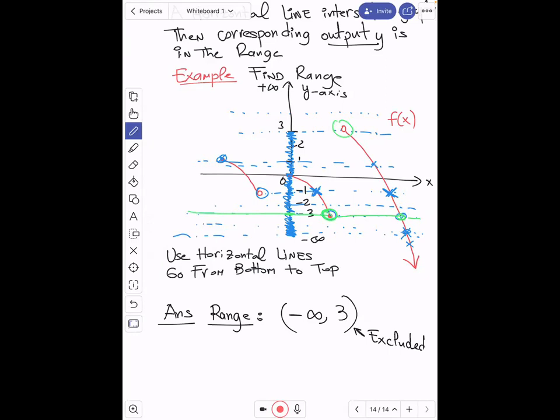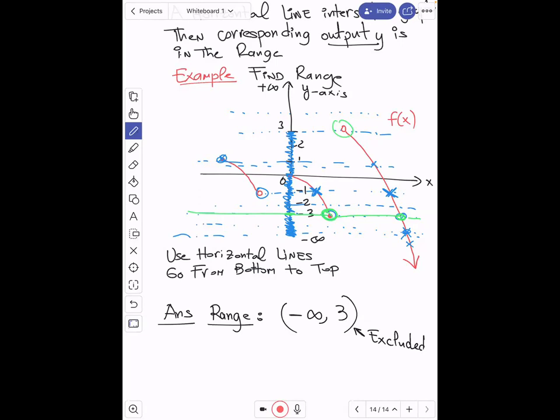I don't really care where we have intersection, if it's in the third line or the second line of the graph. If you have just one intersection, you can have more than one, but if you have just one, then you know that your number is going to be in the range. You see what I'm saying? So like my -3 here. In this case, those two other lines aren't relevant because they intersect with the larger line.